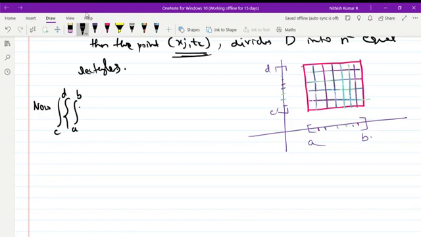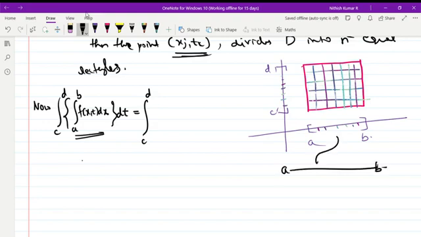Now the integral from c to d of the integral from a to b of f of x comma t dx, into dt, is equal to, now this is the integral from c to d. Now the integral from a to b of f of x comma t dx. Now a to b is divided into x0, x1, and so on up to xn.